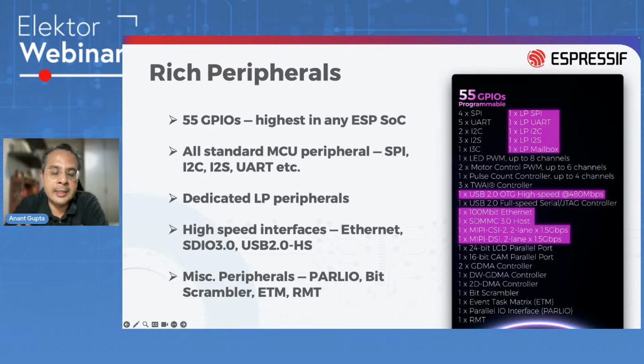We have some miscellaneous special peripherals, which can be used to achieve different use cases or some interesting implementations, like the parallel I/O, the bit scrambler, and the ETM, which is an event task matrix. This is a very interesting peripheral. You can automate a lot of things using this.